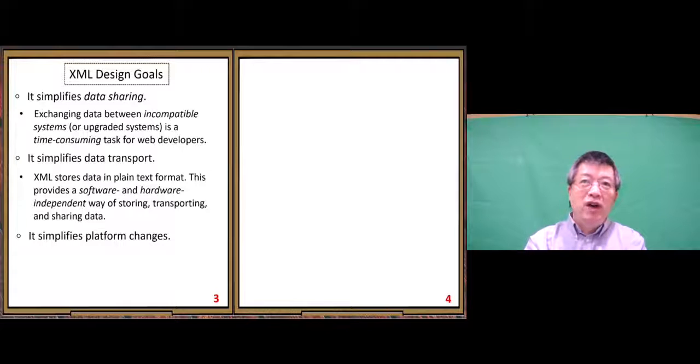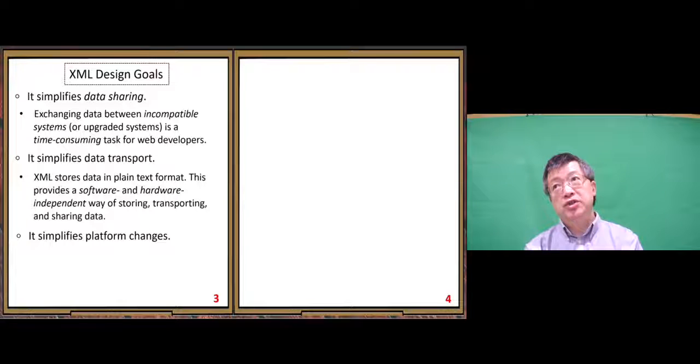All right. It simplifies platform changes. So you may change from one platform to another one. The platform can mean a lot of things, right? The meaning of platform is very vague. The Windows operating system, you can say platform. A technology, you can also say platform.